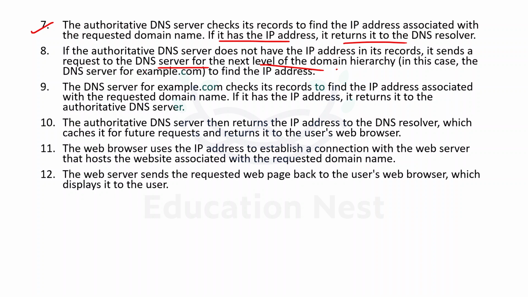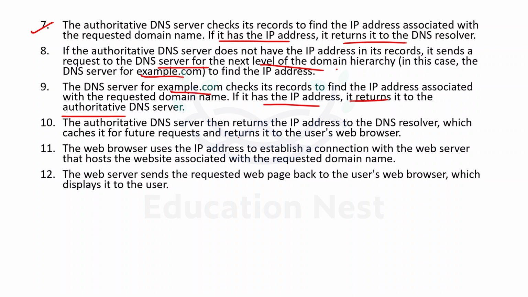In this case, the DNS server for example.com. Now the DNS server for example.com will check its record to find the IP address associated with it. If it has the IP address, it will return it to the authoritative DNS, and the authoritative DNS will send it to the DNS resolver.